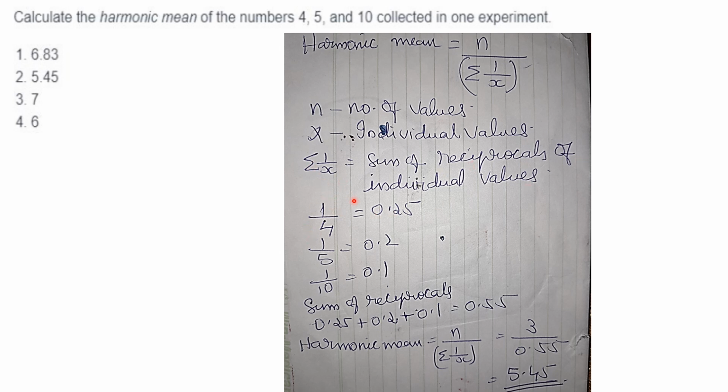So 1 by 4 is 0.25, 1 by 5 is 0.2 and 1 by 10 is 0.1. Sum of the reciprocals is 0.55. Harmonic mean is 3 by 0.55. You will get it as 5.45. So the answer here is option 2.